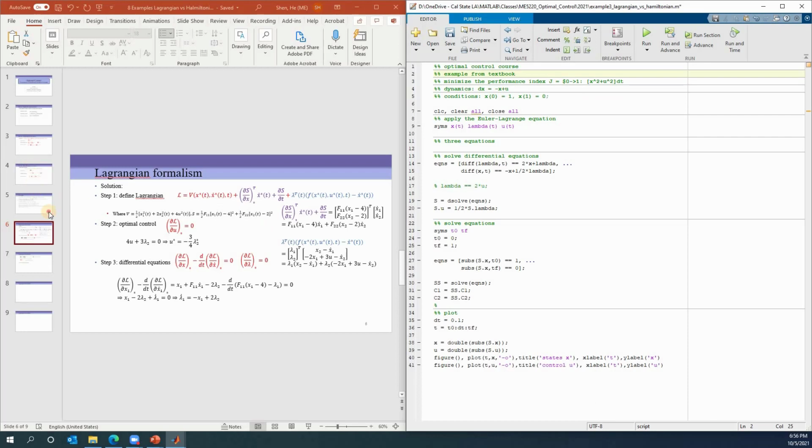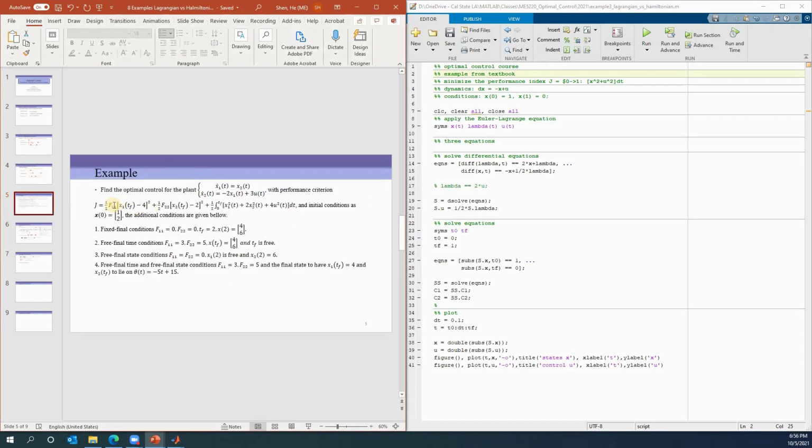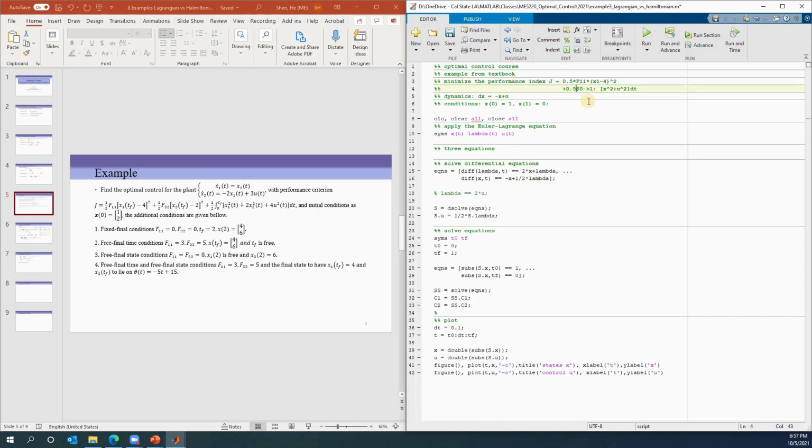In this example, we minimize the performance index, and this is performance index 0.5 times f11 times x1 minus 4 square plus 0.5 f22 times x2 minus 2 square.